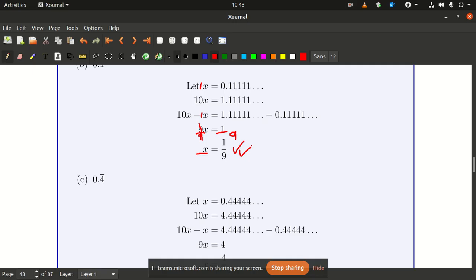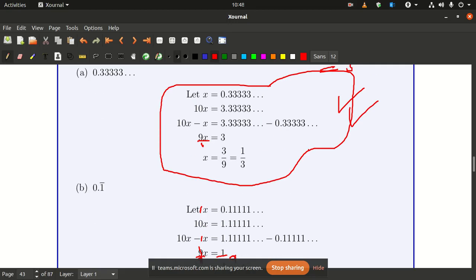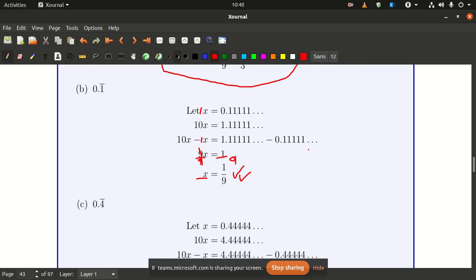Okay. So what we are doing here, right? We want to convert this non-terminating repeating decimal. Of course, 0.1 bar is the same as 0.1111111.